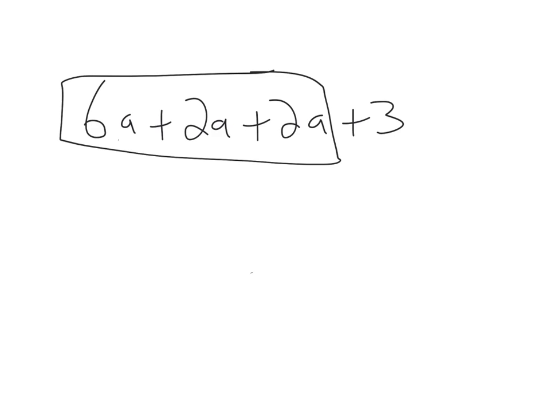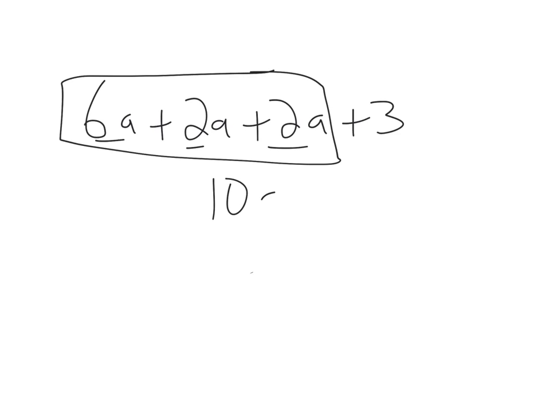You have 6a plus 2a plus 2a plus 3. Now, something in your brain should go, hold on, why doesn't that 3 have an a with it? Well, that, in this case, is not a like term, okay? So we're going to combine all these guys, and 6a plus 2a is 8a, plus 2 more a is 10a.